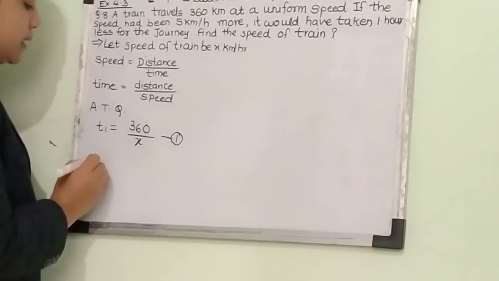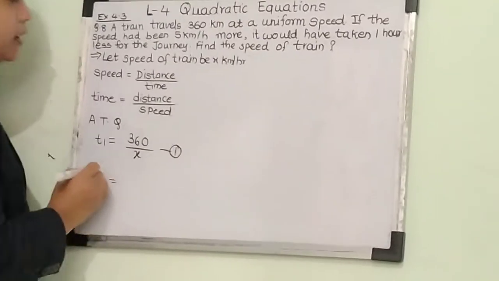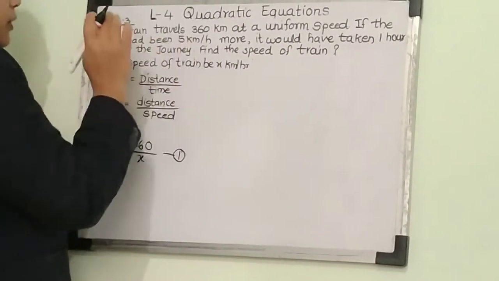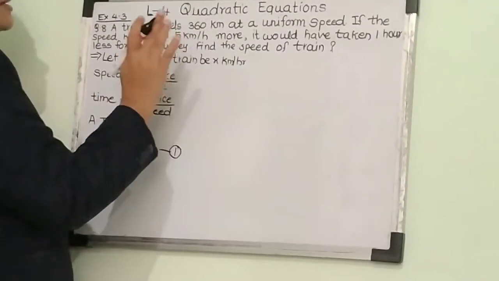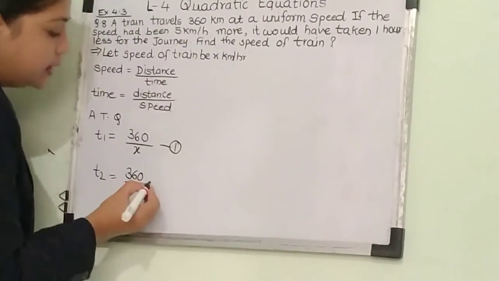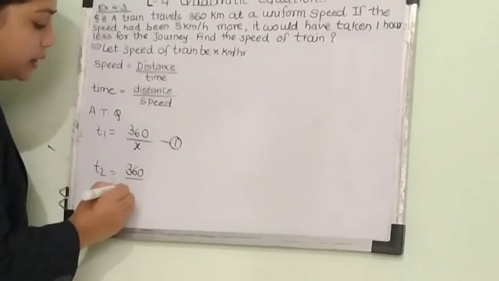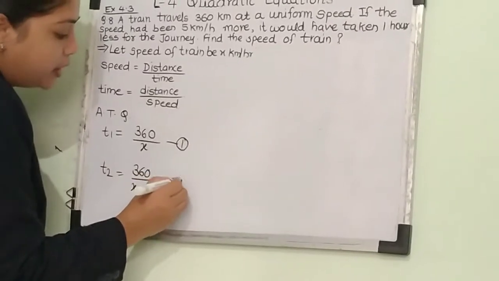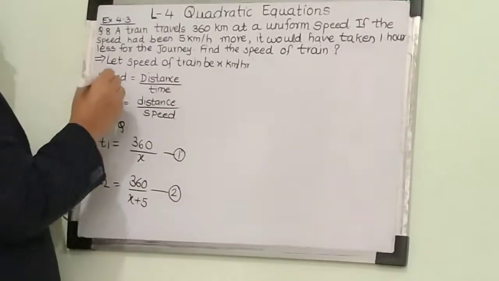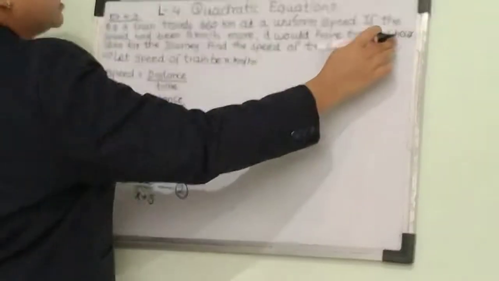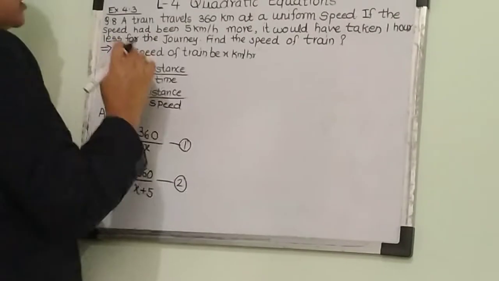Now the second time will change. If we increase the speed by 5 km per hour, the distance covered is the same. So here the distance is 360 and the speed will be increased, that is x plus 5. Now see the question: with 5 km per hour more, it would have taken 1 hour less for the journey.